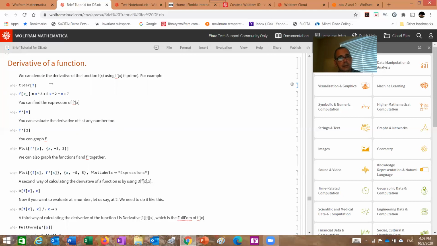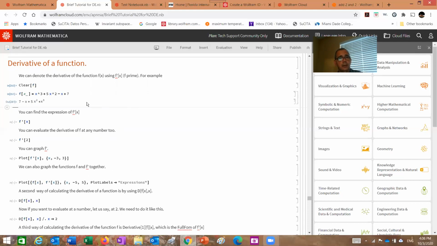Let me put the cursor here and press shift enter. Now we are going to introduce a new expression for that function f of x. Remember, we need to put f of x underscore. Now when you put the cursor here and press shift enter, this is the expression of that function.